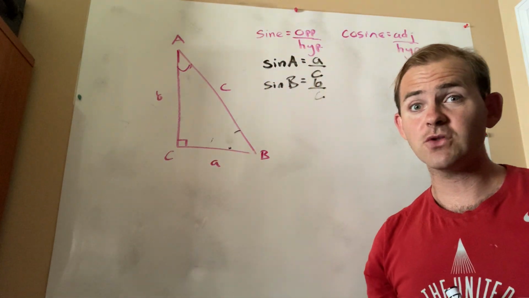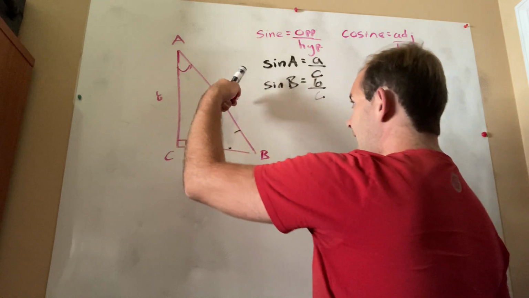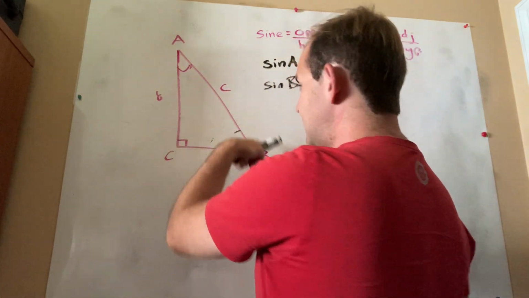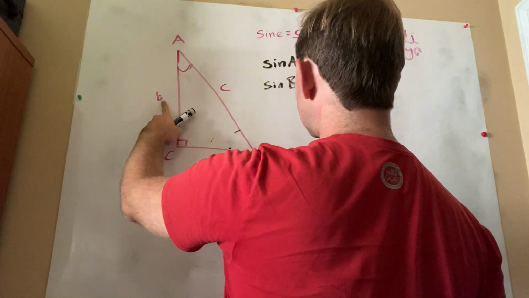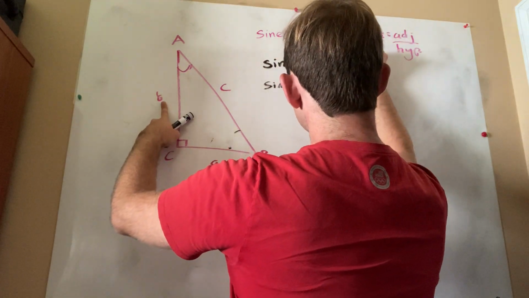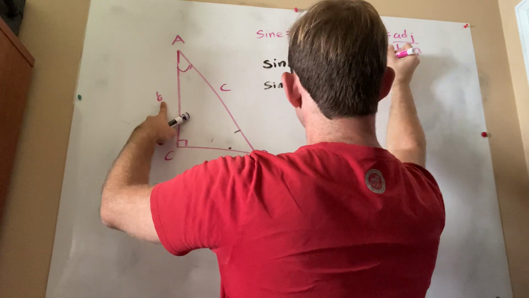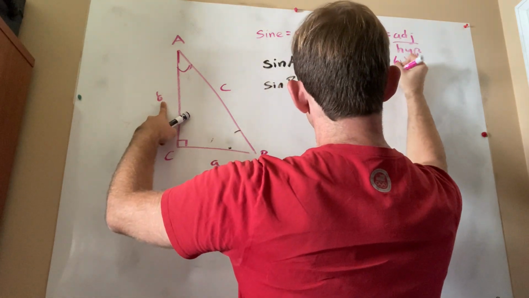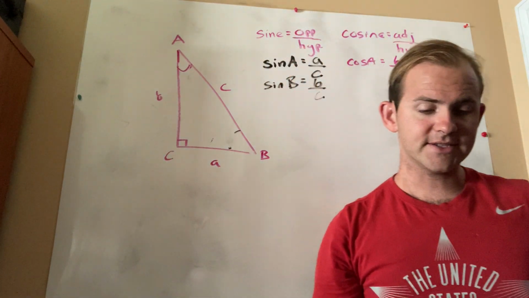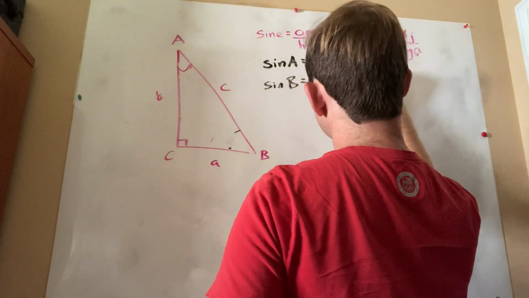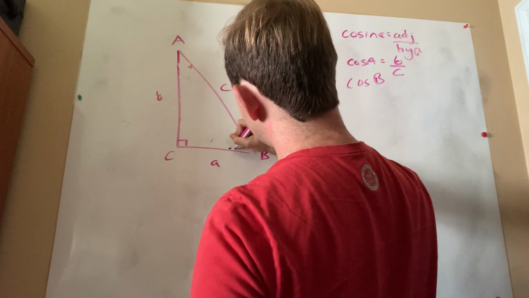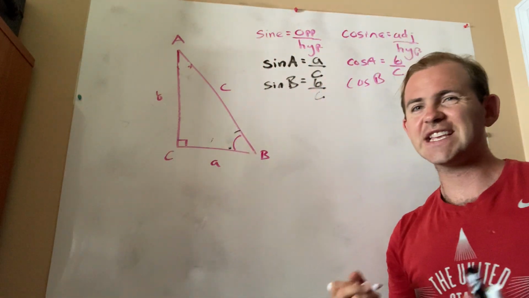Now it looks like there are two that are right next to it, right? B and C, but C is already taken because it's the hypotenuse. So B would be the adjacent. So I would say that the cosine of A equals little b over little c. And if I wanted to switch my perspective, so now I'm looking over here, which side is adjacent?